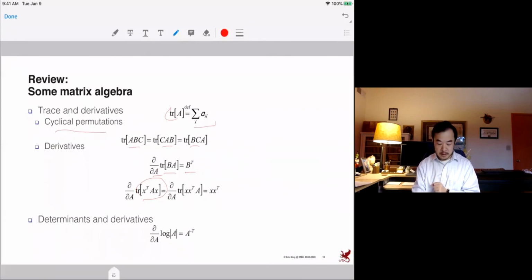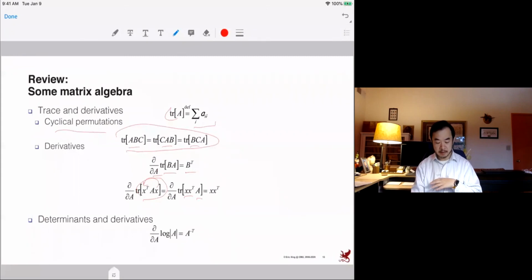Using the cyclic permutation, you can now move this x into here, and therefore you have the 2x here and this here. And the x times x transpose, remember, is the outer product of two vectors. They become a matrix, right?